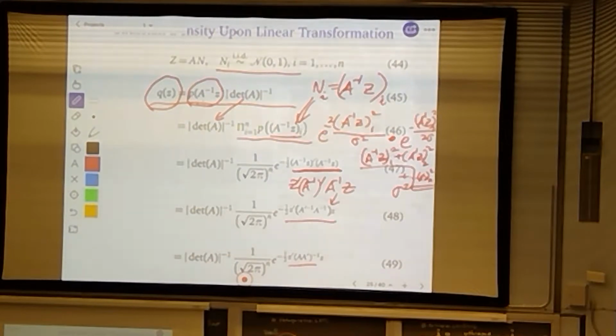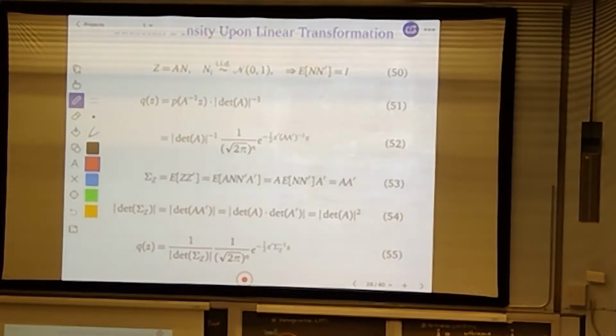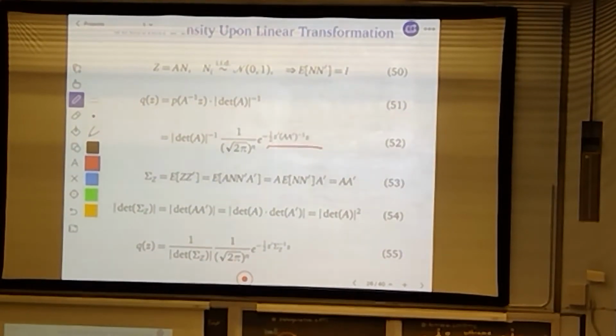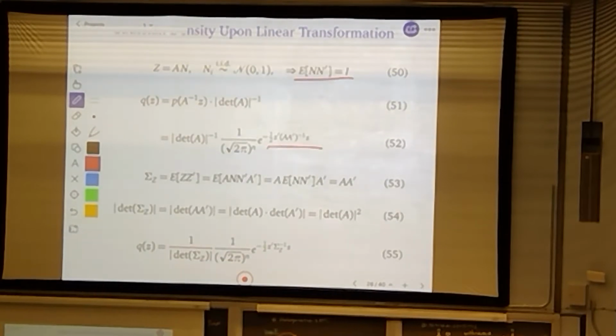That's it. Okay? So we just copy over. We know that since n is IID Gaussian, it's zero mean, it's noise, it's always assumed zero mean. The covariance equals this, the identity matrix.